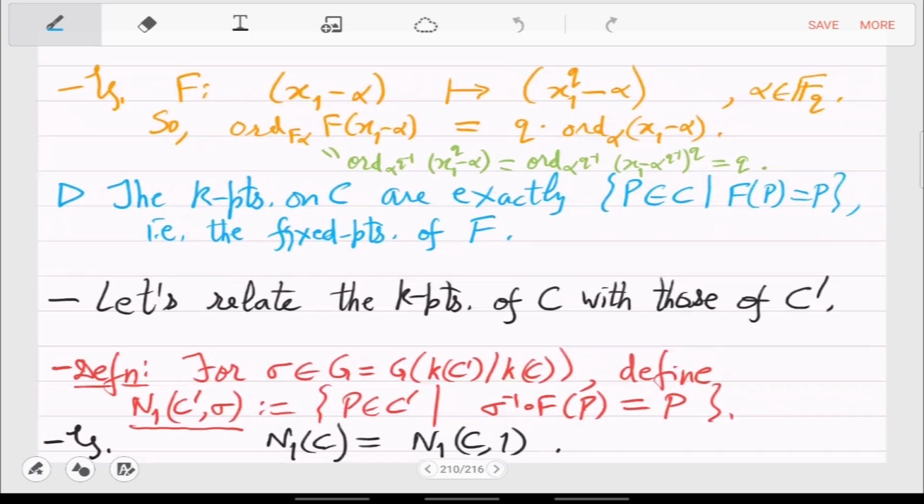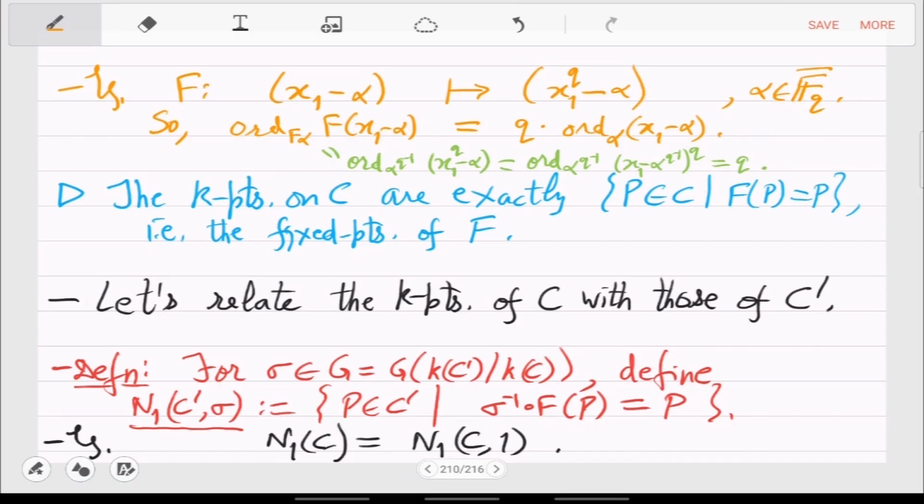So, for example, on x1 minus alpha, it only changes the x1. So it's x1 to the q minus alpha, and in this case alpha can be anything. Let us check the order. The root of x1 minus alpha is alpha, right? So what is the Frobenius action on alpha? That's alpha to the q inverse, and you see that alpha to the q inverse is a root of the image, which is x1 to the q minus alpha.